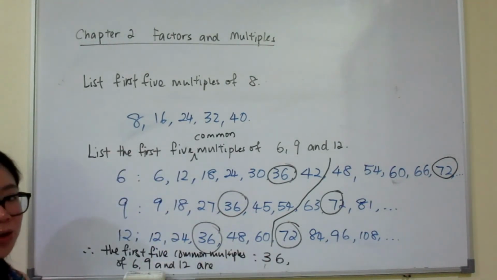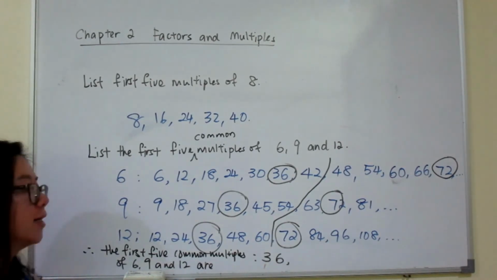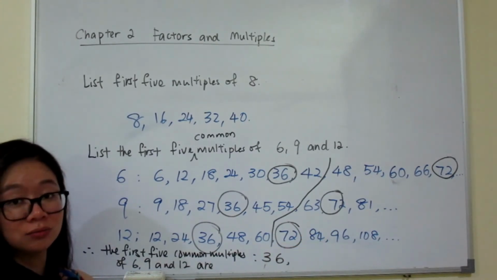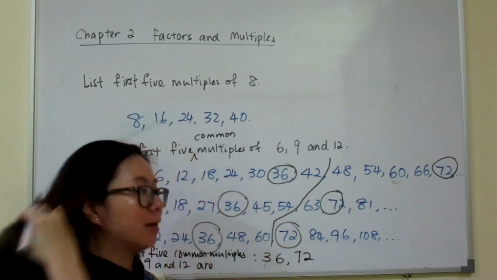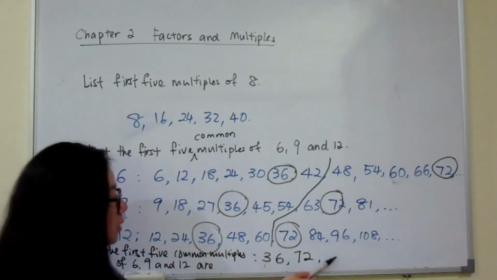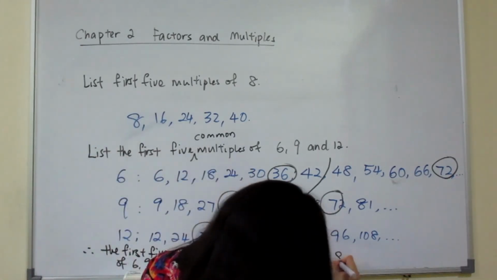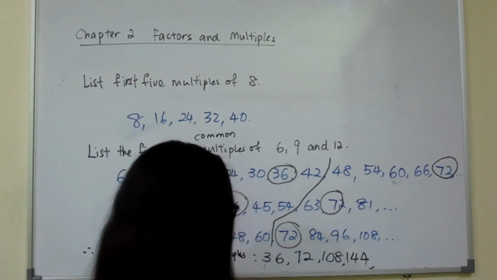Then the next common multiples will be the multiples of 36 actually. You can check 72 is actually 36 times 2. So the second one is 36 times 2, that's 72. And then the third one, times 3, that will be 108. And then times 4, and then times 5.